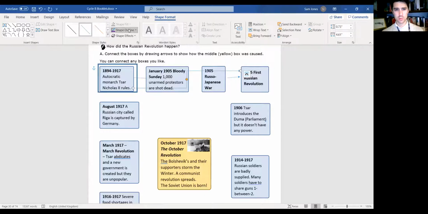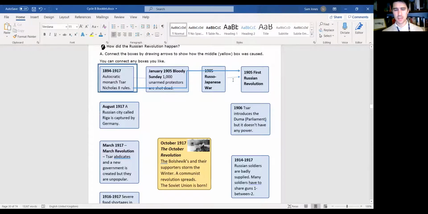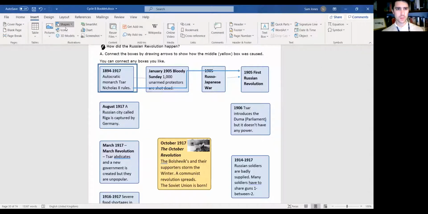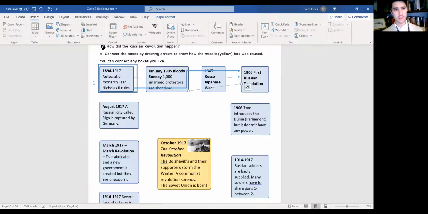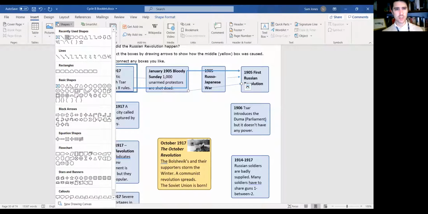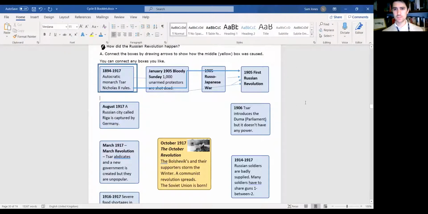And I might draw another arrow going straight from there to there. You might also say that these two things together, Bloody Sunday and the Russo-Japanese War, both together lead to the First Russian Revolution. So maybe I could draw an arrow from this one to this one, and then another arrow coming off it, showing that those two together, not just on their own, lead to the First Russian Revolution.